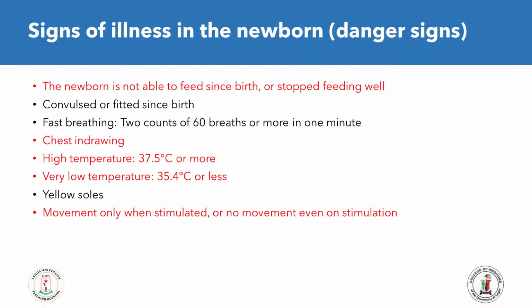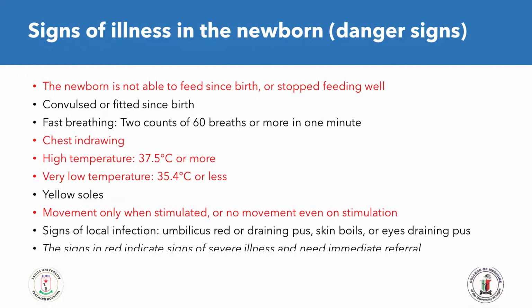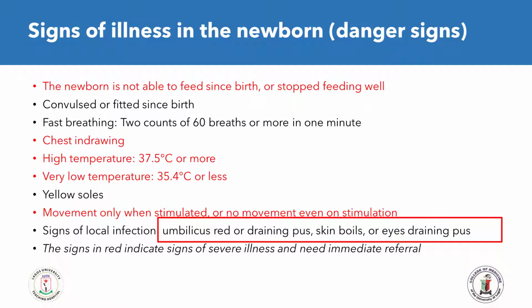Or no movement even on stimulation. Signs of local infection that you may also identify may include the umbilicus is red or draining pus, skin boils, or the eyes of the baby are draining pus. Okay, these are indications that the child is very ill.